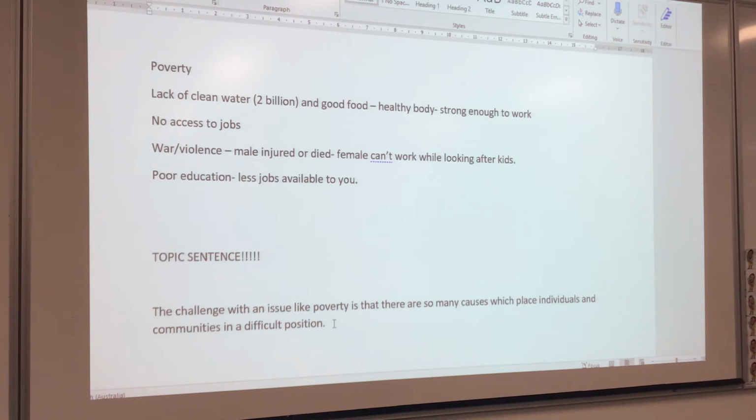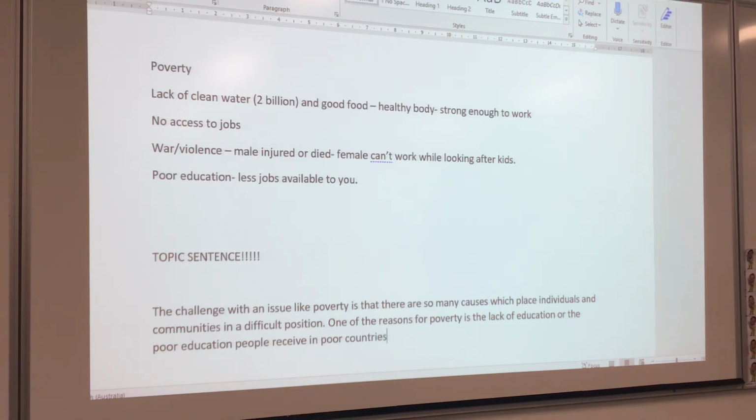So our sentence could be something like, one of the reasons for poverty is the lack of education or the poor education people receive in poor countries. We could use a better word than poor.